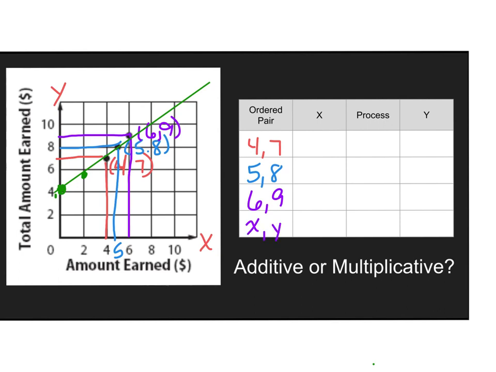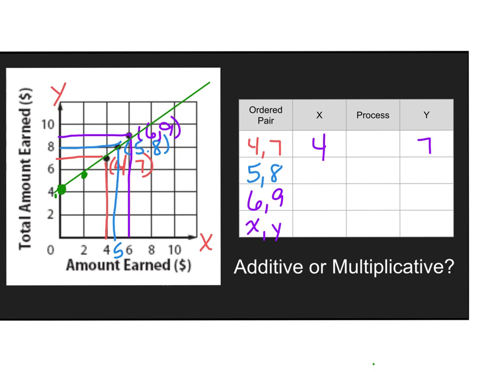Remember, if x is 4, it's going to go to y. And x will always be your independent variable, which means it stands alone. It doesn't need anything, but the total does need it. So the amount earned, you'll always earn that, but then the total earned depends on how much you work. So that's why it means that.